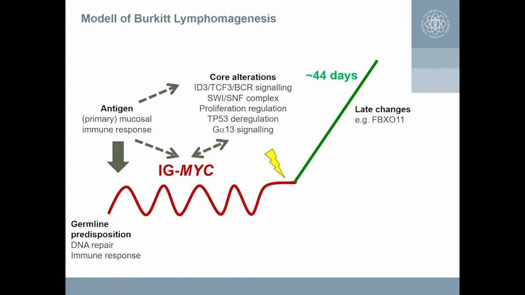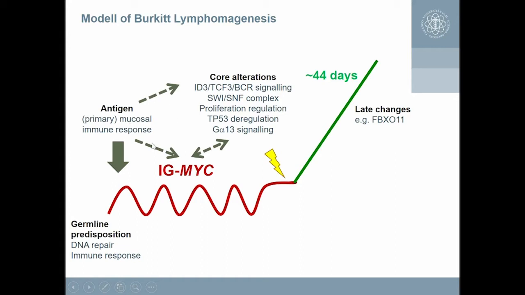So I was asked to provide or discuss a model of Burkitt lymphoma genesis. And that's a bit of the basis of my model. I would like to propose it first, and then give you some outlines of the basis for this model. To my view, there is a germline predisposition in Burkitt lymphoma. You can see it in the immunodeficiency cases, and there is predominantly a pointer to DNA repair and immune responses.